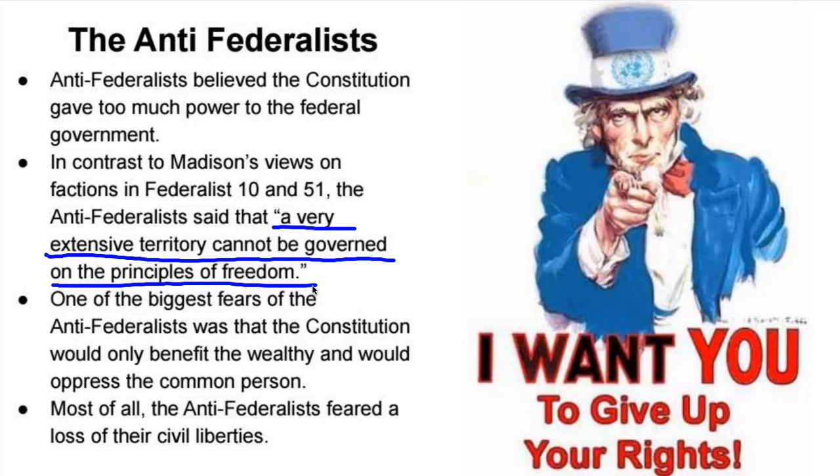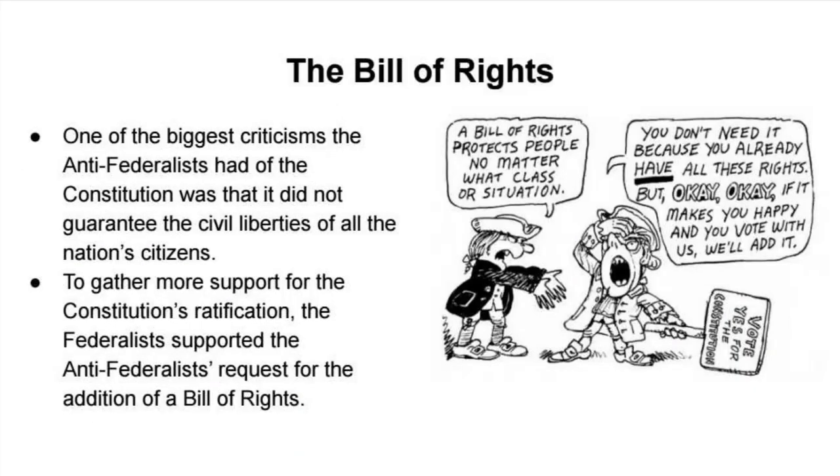One of the biggest fears is that the wealthy would dominate the common person. And most of all, above and beyond anything else, it is civil liberties. I'm going to underline, star, circle. The fear of a loss of civil liberties is one of the biggest issues that the Anti-Federalists did have with the Constitution.